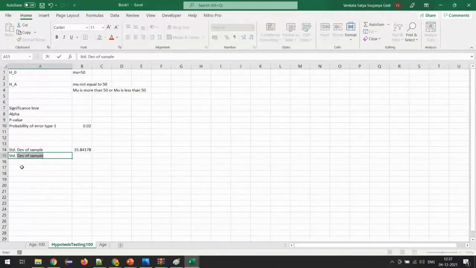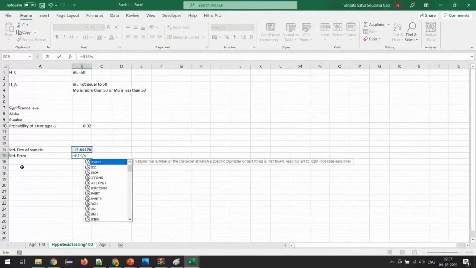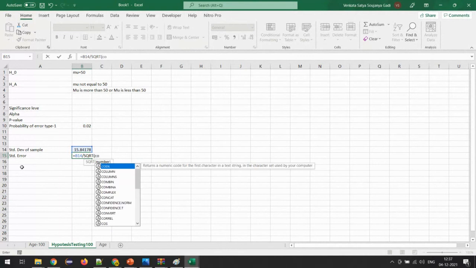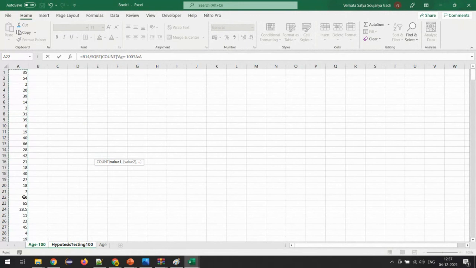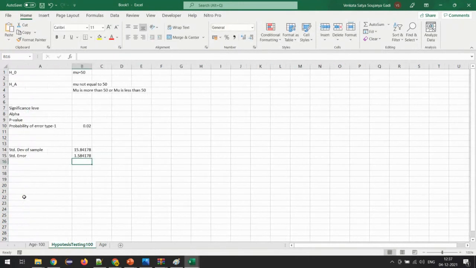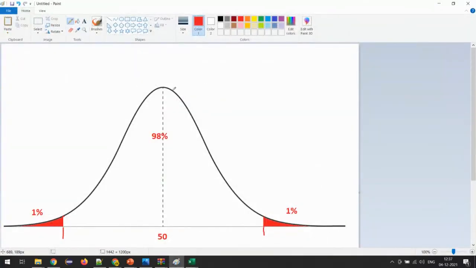So the standard error is this one divided by the square root of the count of the complete sample. Actually it is 100, so the square root of 100 is 10, so it's going to be exactly 10 divided by 10. Okay, it is correct. So now we have the standard error, so we have completely defined this graph.